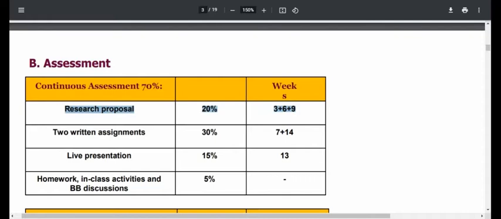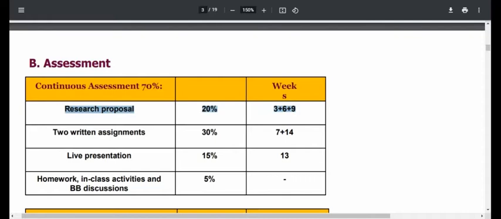Now, if you would like to know more about the scheduling of all this, there's a video to accompany this one explaining the academic calendar. For now, you just need to know that there's some aspect of your research proposal due in weeks 3, 6, and 9, and they together make up 20% of your grade.